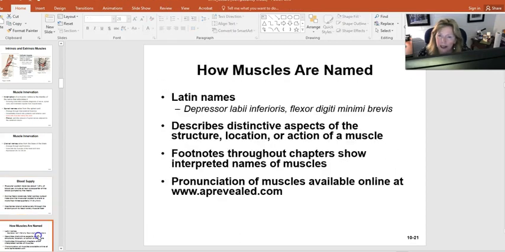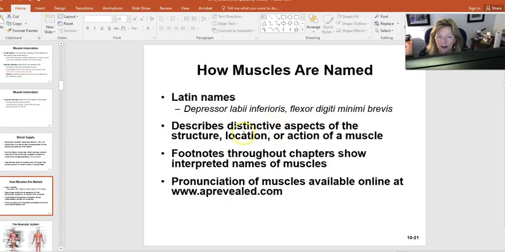But we think about naming and how to study this. It may at first look a little intimidating, but the names are Latin names. But if we know regions of the body, like we learned in Lab 2, body orientation and regions in descriptive terms, and if we learn the bones, which we should have by this time, all the major bone groups, bones and bone regions, then we also know about the joints and movements.